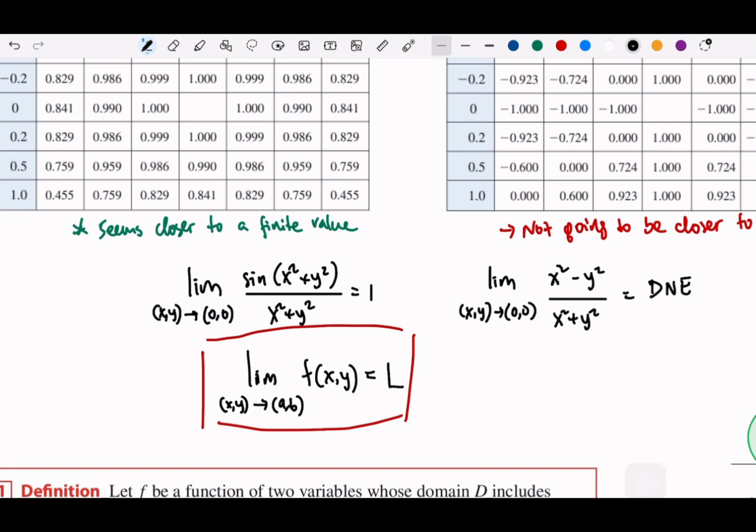Because if you take equal, that's not a limit, right? It's the value of the function. So that's why the limit should be understood as the value nearby the point that we observe.